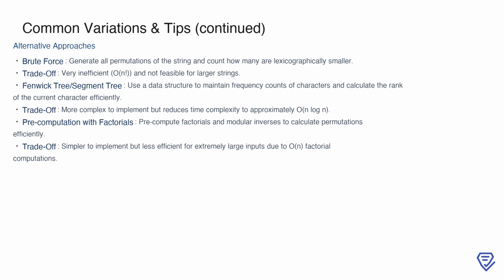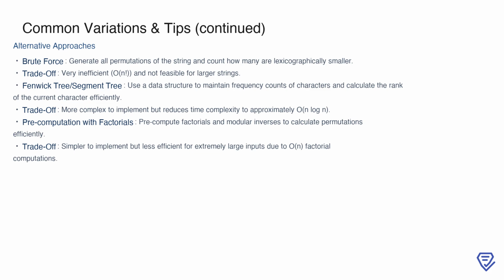Finally, let's discuss some alternative approaches to solving this problem. One approach is brute force, where you generate all permutations of the string and count how many are lexicographically smaller. While this method is conceptually simple, it's highly inefficient with a time complexity of O(n!), making it impractical for larger inputs. A more efficient alternative is to use Fenwick trees or segment trees.